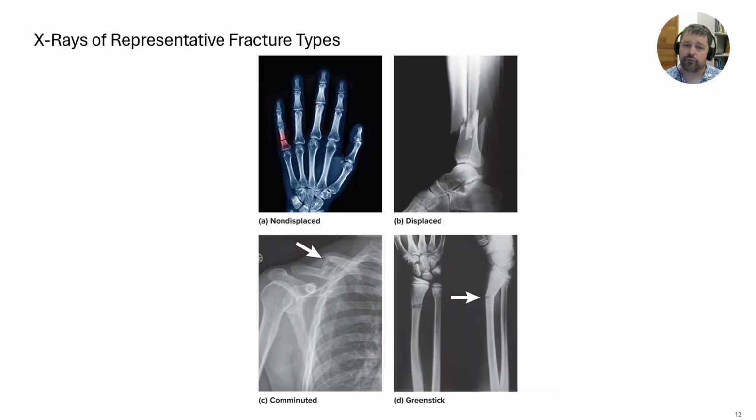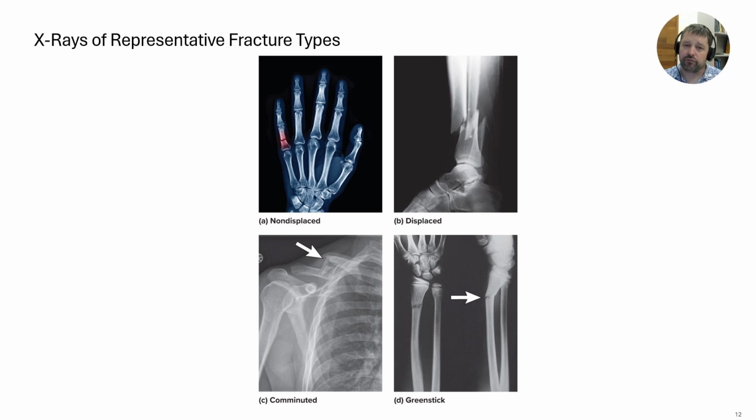So if we look at a non-displaced fracture, non-displaced means the break is clean. Sometimes that's exactly what it's called, a clean break. It means the bones are not displaced from each other; they're still held in place. That means the muscles and the tendons that are associated are holding the bones right where they should be.